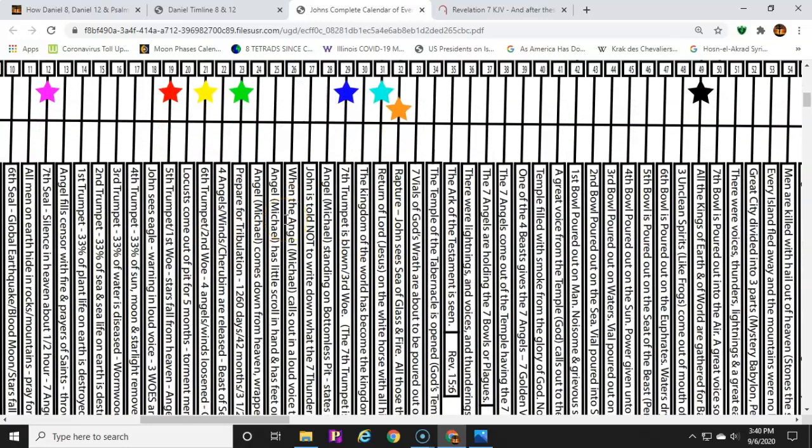Because think about this. There's a lot happening between the sixth and seventh trumpet. You have the rise of Antichrist, 1260 days to abomination. Abomination happens. 75 days after that, you see great tribulation start to occur, and then you see a resurrection or a rapture of the elects and saints here.